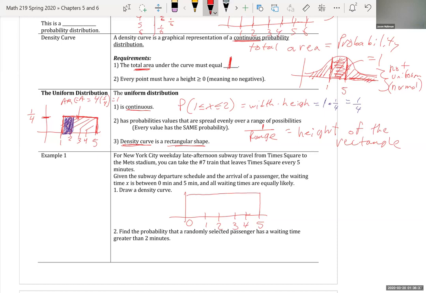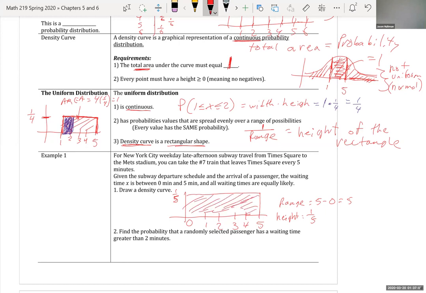Well, if we take the range here, 5 minus 0, which is 5, and we put 1 over 5, well, if you had said 1/5, you're correct. 1/5 is the height here, because it's 5 minus 0, and then 1 over 5 is the height. So we've drawn our density curve here.